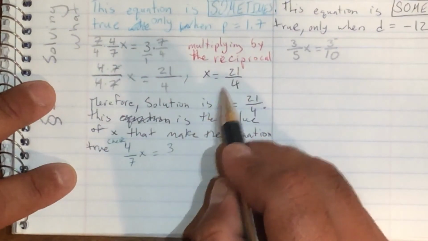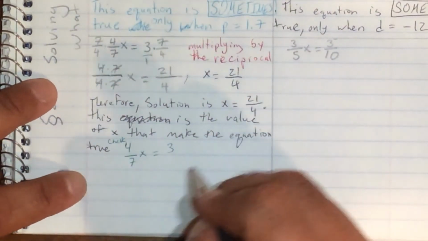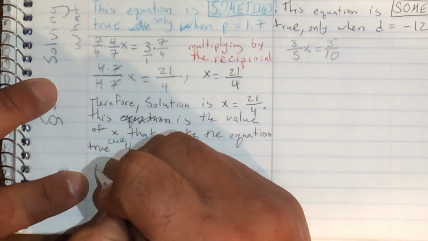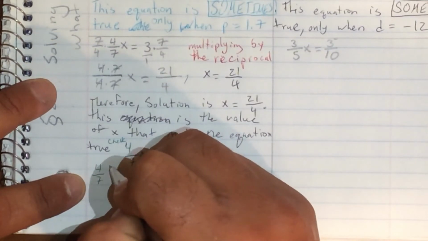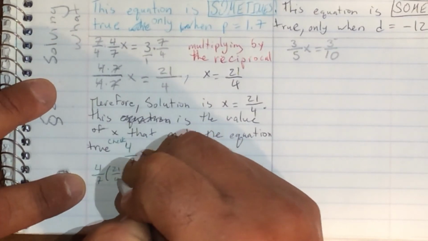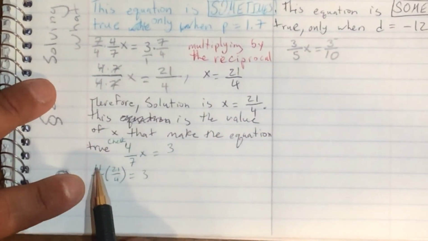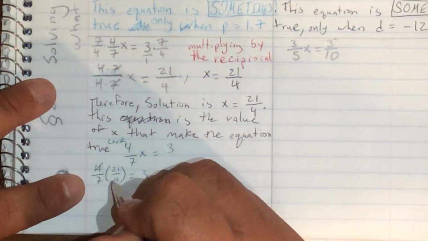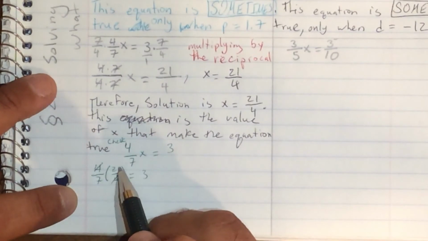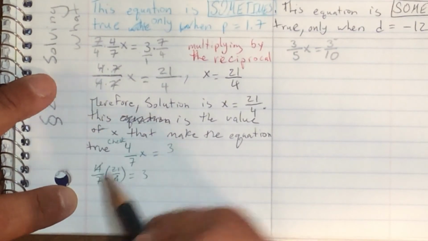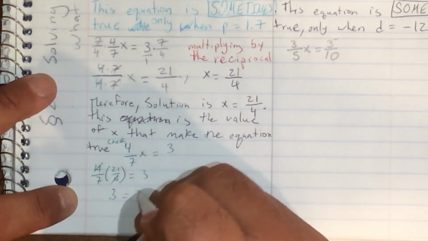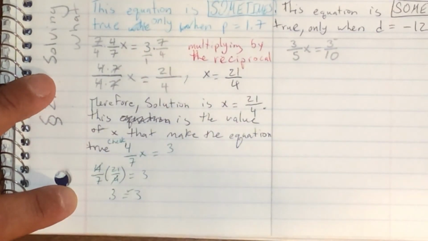So if we put in here 21 over 4, so we substitute this one, we have 4 over 7 times 21 over 4 is equal to 3. We can see again that the 4 is divisible by 4, which leaves us with 21 over 7. 21 divided by 7 is 3. So 3 is equal to 3, which finishes our check.